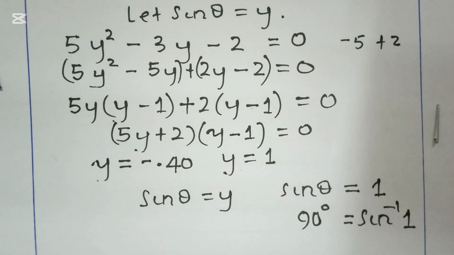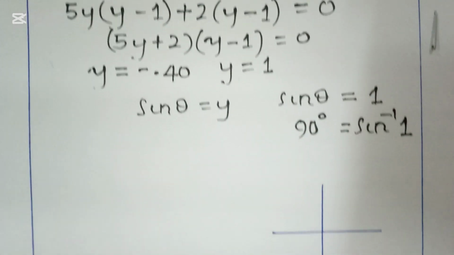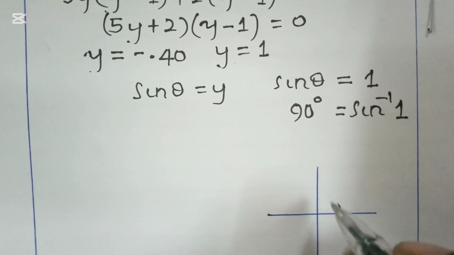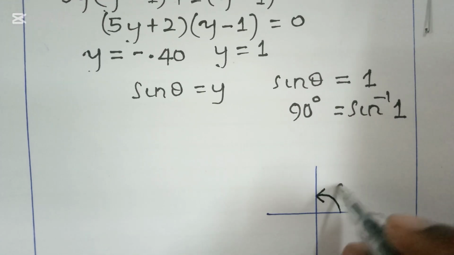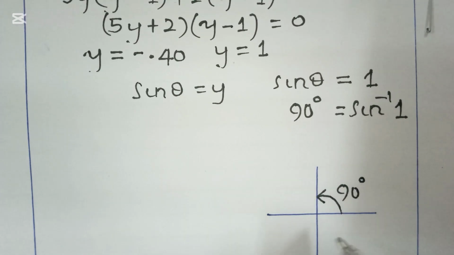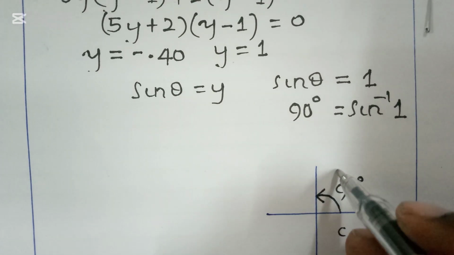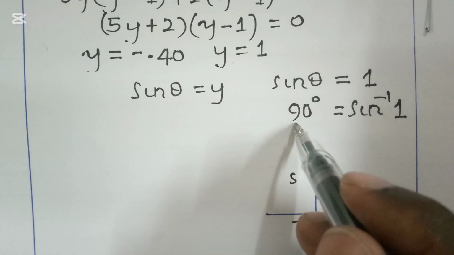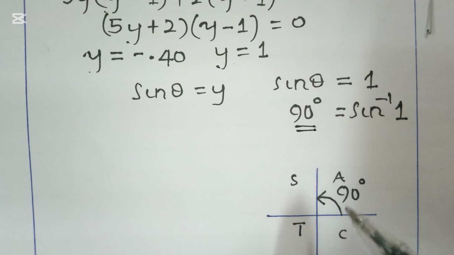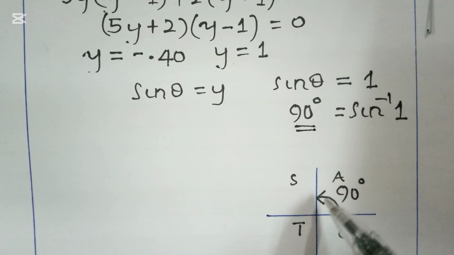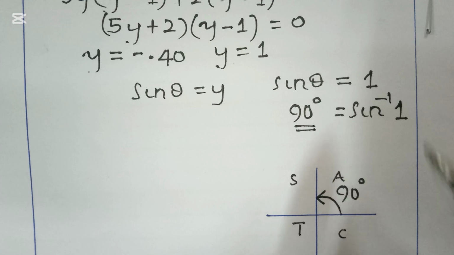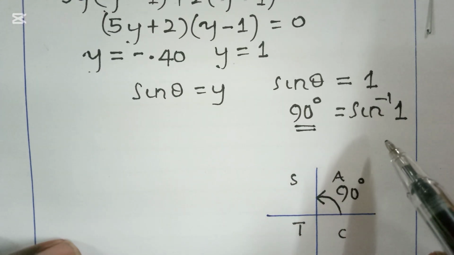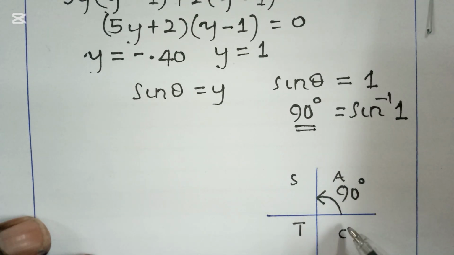Using the trigonometric unit circle, we find that our 90 degrees is right there. And remember, guys, here we have C, here we have A, S, T. You can check and see that sine is only positive up to there. Because 1 is positive, we don't have any other angle apart from 90 that gives us 1. That angle would be more than 360.